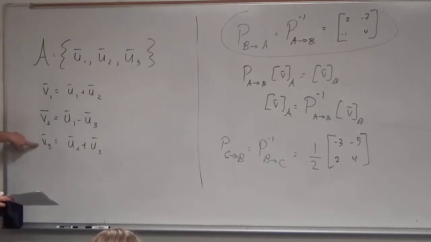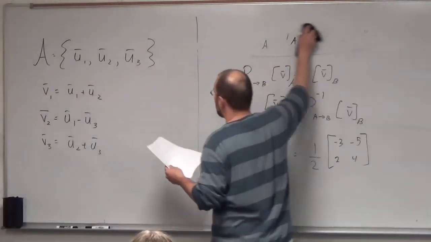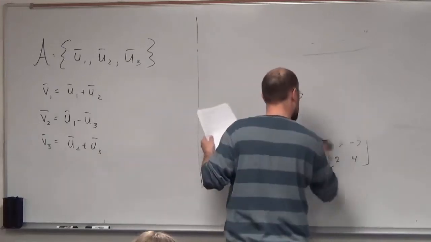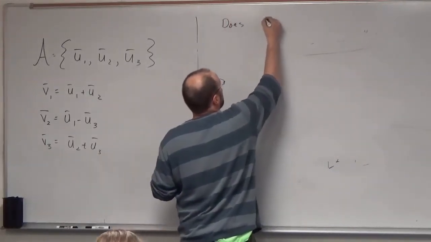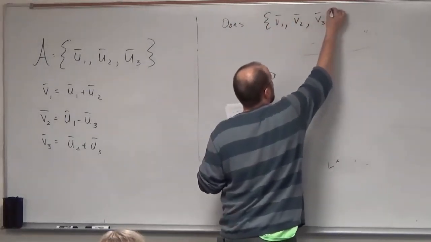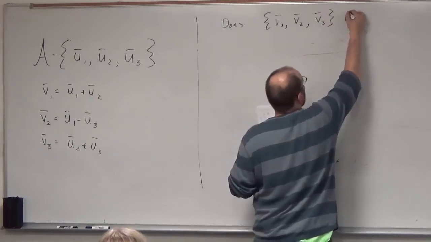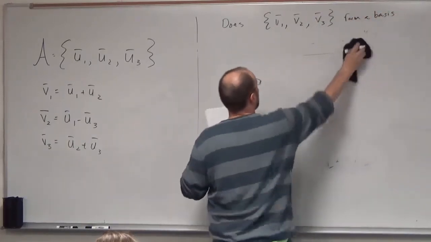Do these three vectors that we've just defined form a basis? Okay. So does the set form a basis for a three-dimensional vector space?